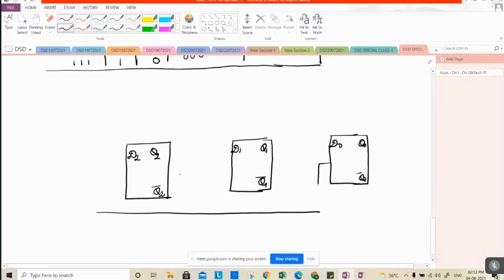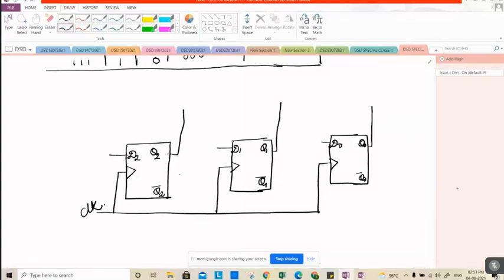And this will be provided with a common clock signal because these are synchronous counters. Then connect the expressions: D2 you got some expression, D1 some expression, and D0 some expression. And this is Q2, Q1, Q0, and you will get the circuit for Y also.